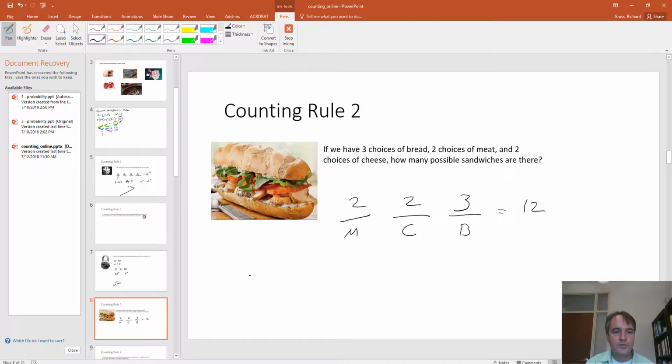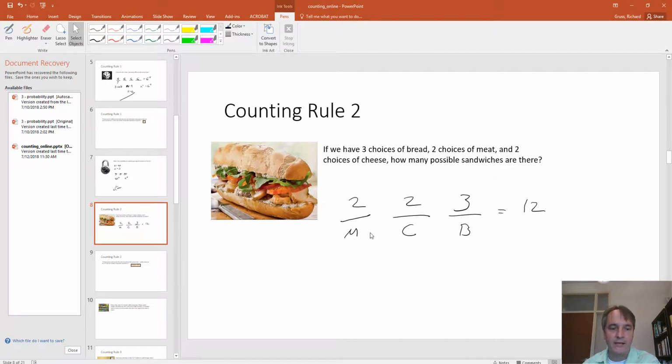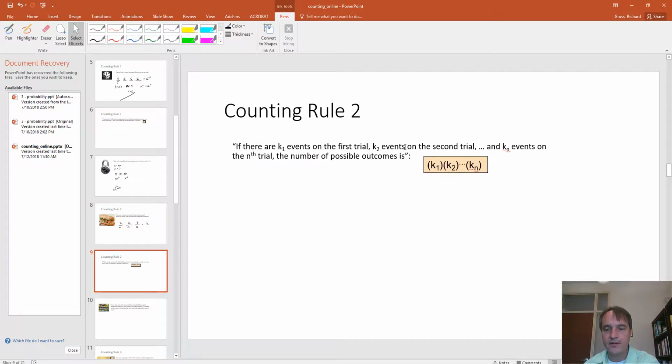So this is counting rule 2, which, remember, let's go ahead and take a look at the formal definition of it. Okay, so counting rule 2, as it puts it in your book: if there are k sub 1 events on the first trial, so you can think about each of these slots as a trial. So there's a meat trial, a cheese trial, and a bread trial. K sub 2 events on the second trial, ... K sub n events on the nth trial, then the number of possible outcomes is just the product of all of those.